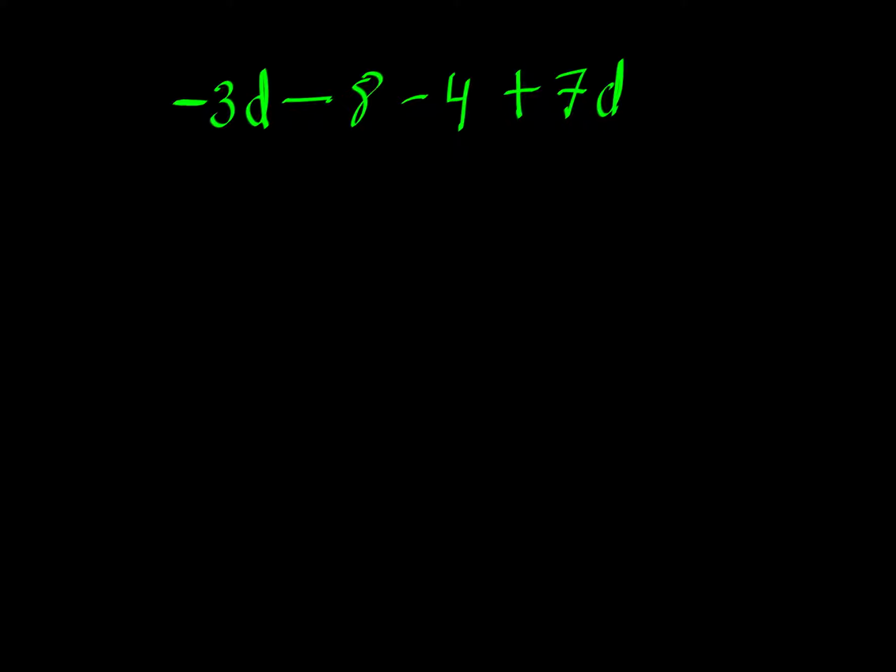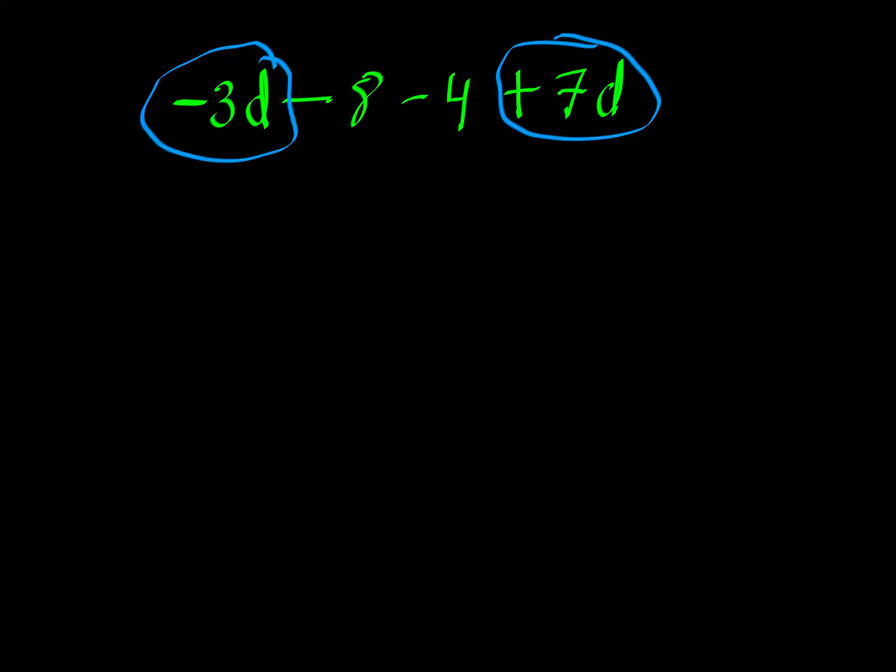So let's identify those terms. Negative 3d and 7d are similar because they have the same variable, the same base d. So we can circle those two terms together with the same color.